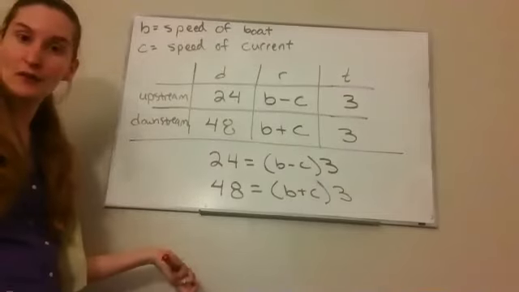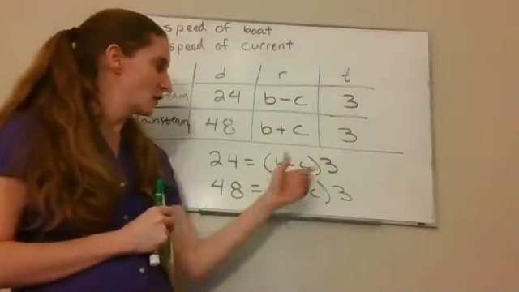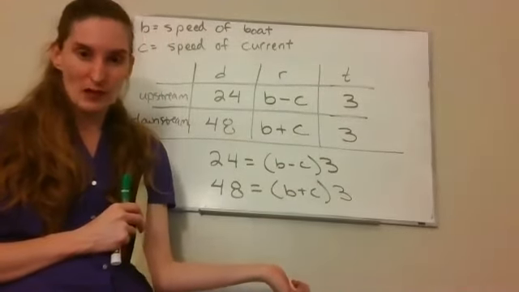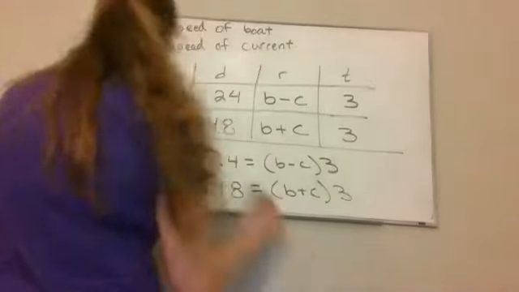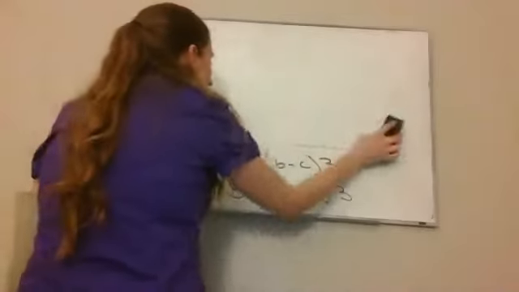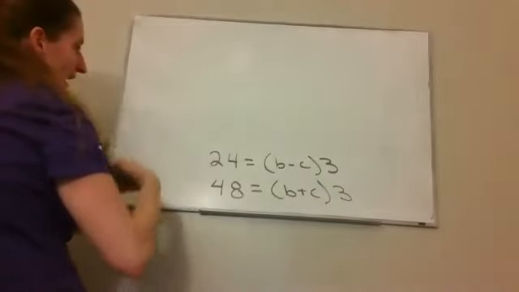And there's our system of equations. Now, your first instinct might be to distribute the 3's. I personally would just divide both equations by 3 to make my numbers smaller. You could distribute though, you would still get to the same exact answer. I'm going to divide though, because I like to make my numbers smaller whenever I can.